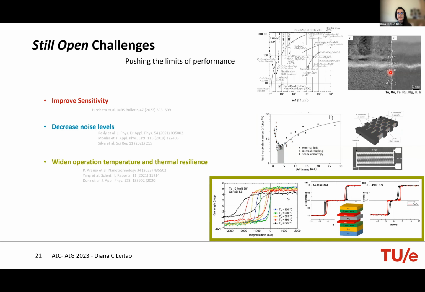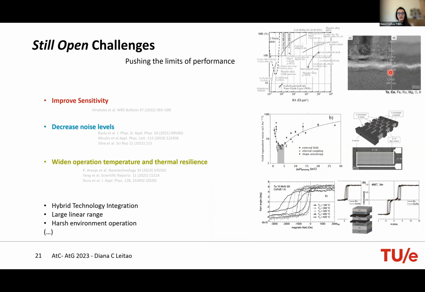Then have larger working windows of temperature. So different antiferromagnets are being considered nowadays, such as manganese nitride, manganese nickel, and also different interlayer materials. These are just a couple.